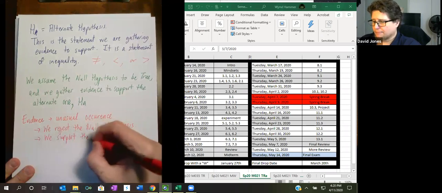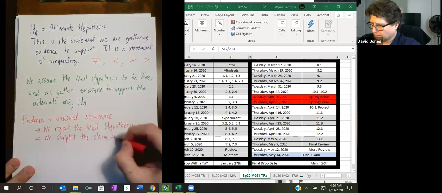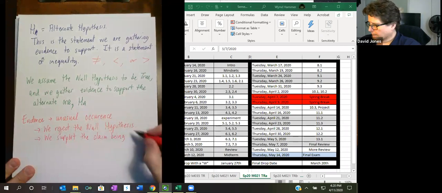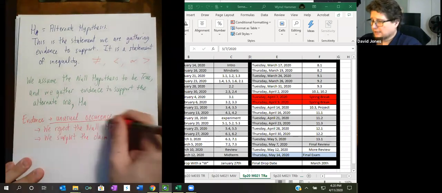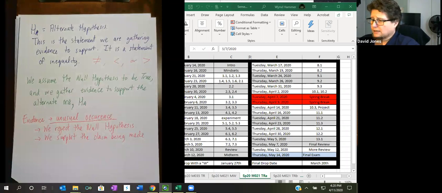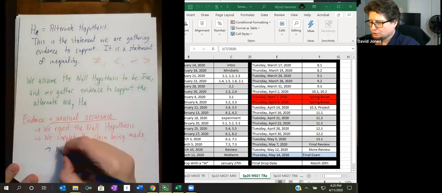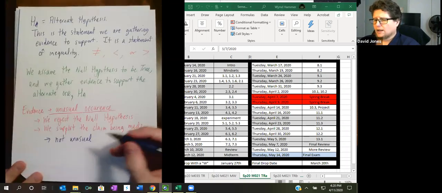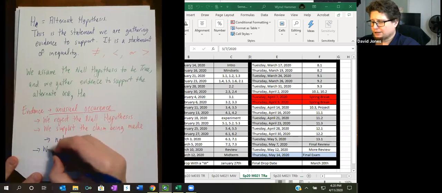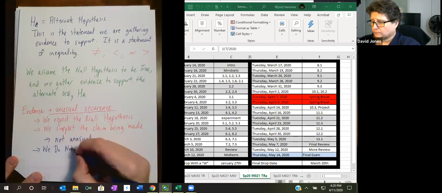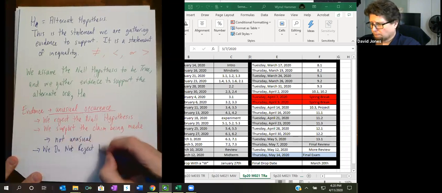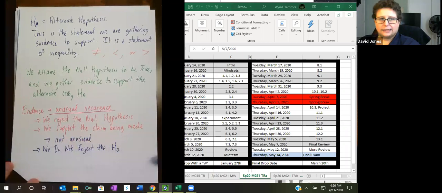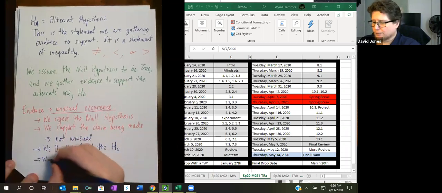We support the claim being made. That's our first option. The other option is it was not unusual. And when that happens, we do not reject the null hypothesis, H0, and we do not support the claim.